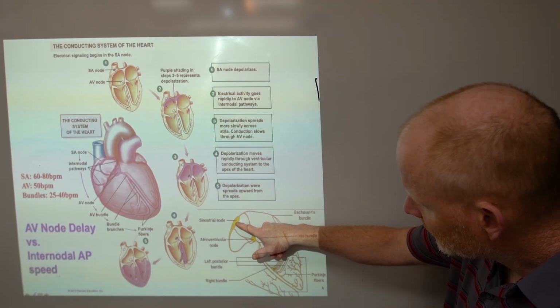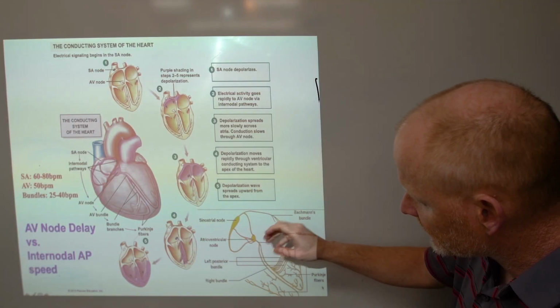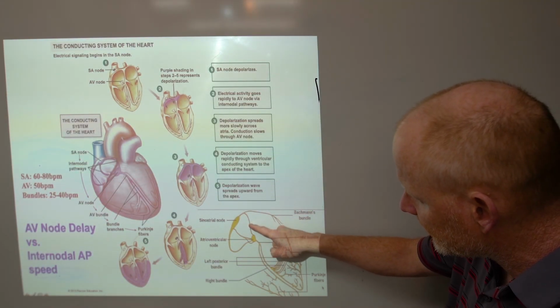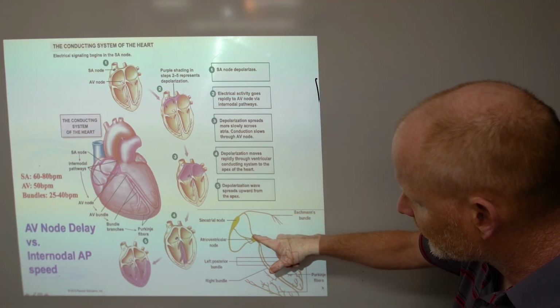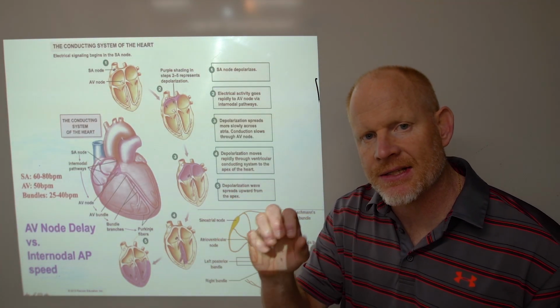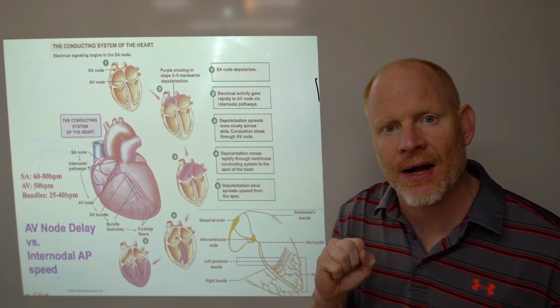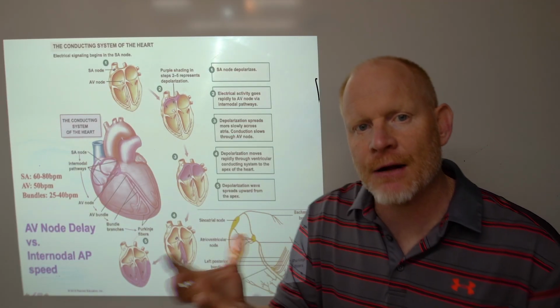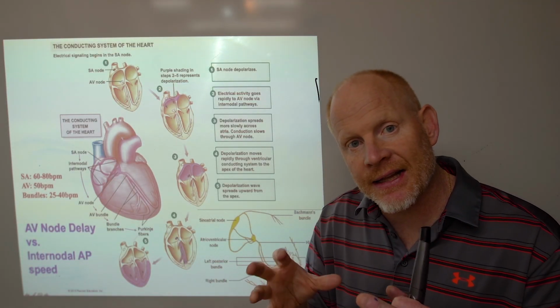That is the SA node. When it depolarizes the whole atrial network, which is a little bit slower than the internodal pathways. And so what that means is when the signal reaches the AV node takes a couple milliseconds, really about 100 milliseconds or so, before it actually depolarizes. And that's because the proteins that receive that voltage from the internodal pathways are slightly different.